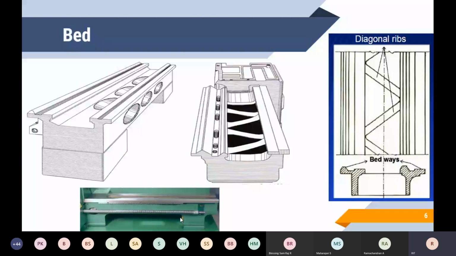Why cast iron? Because of its self-lubricating property and high damping capacity for the vibrations generated during machining. Different types of lathe machines have different bed sizes, based on the requirement. The guideways are present on the top of the bed. That is the role of the bed in the lathe machine.